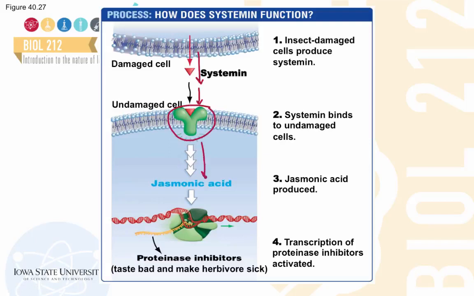This binding triggers a signaling cascade within the undamaged cell, leading to the release of jasmonic acid, which stimulates the expression of target genes that lead to the production of proteinase inhibitors, which taste bad and make the herbivore sick. Over time, the herbivore learns not to consume leaves from plants that produce these proteinase inhibitors.